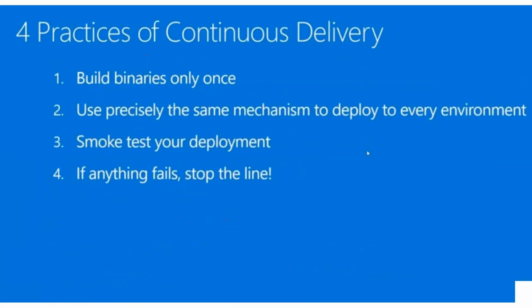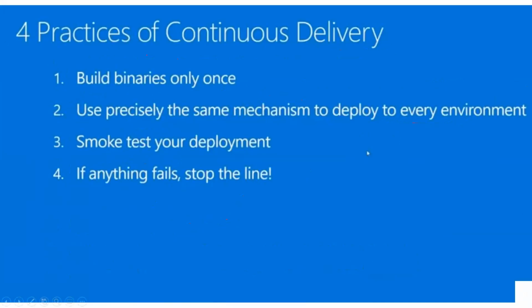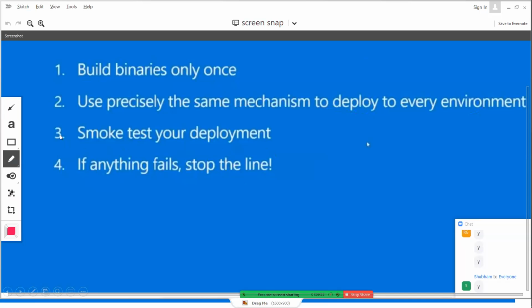Okay. Then we have continuous delivery. For the sake of discipline, I'll quickly read a few things out. Slightly important stuff is here. So, build binaries once. In other words, imagine you have written the code. It is working in the development environment.